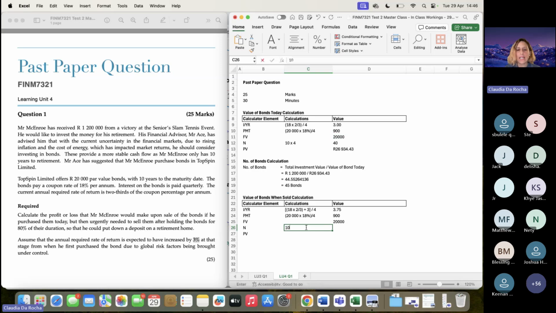So we're going to say 10 times 20%, or 0.2, times by the 4, because we have a compounding period. So 10 years times 0.2 times 4 gives me 8.